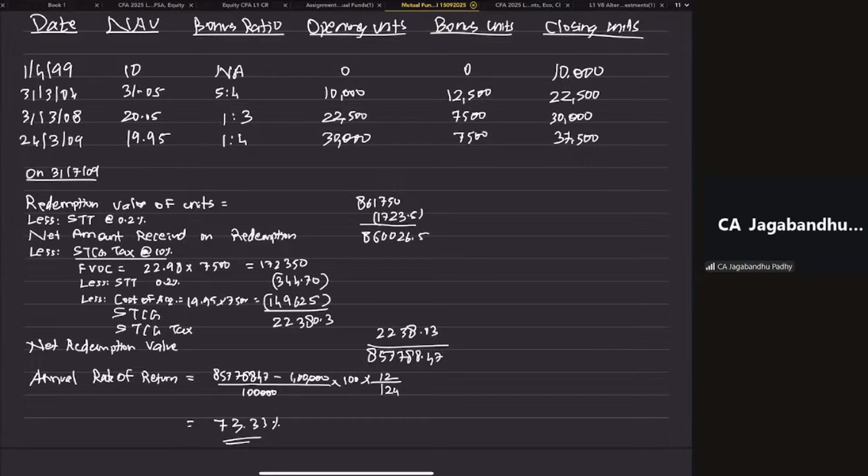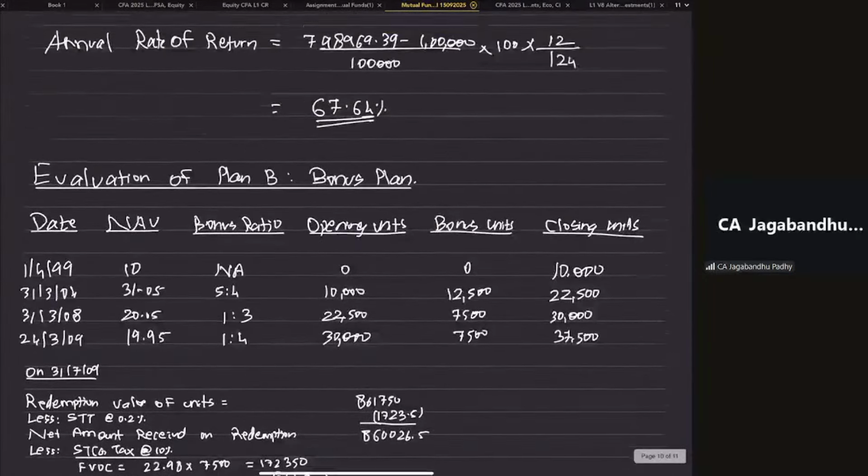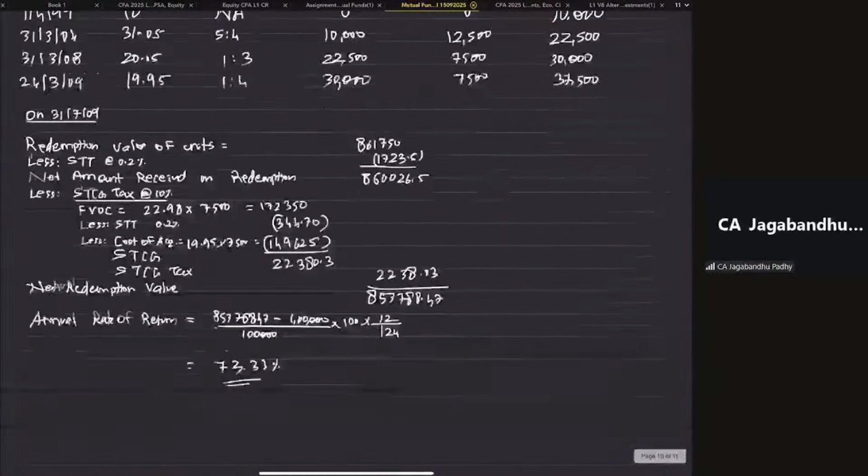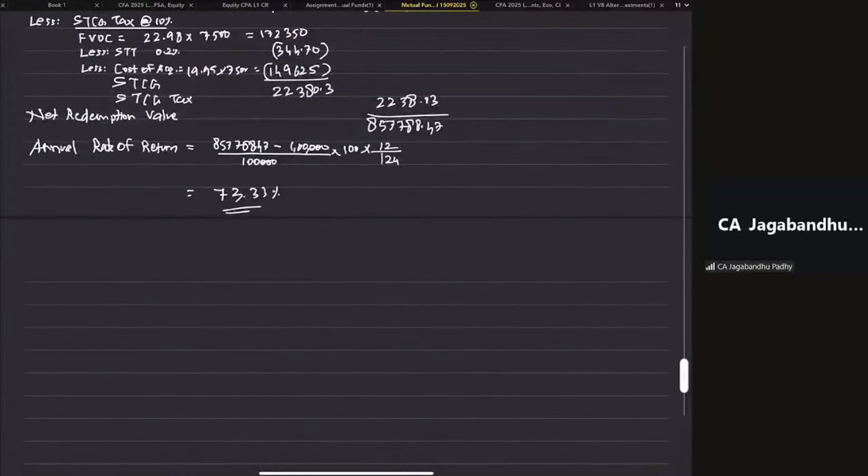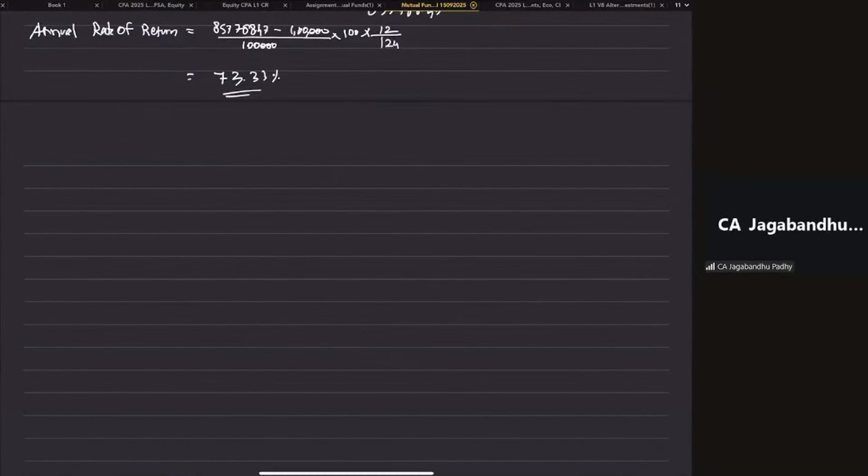Now one more plan is left, which is the growth plan. So evaluation of plan C, which is a growth plan.